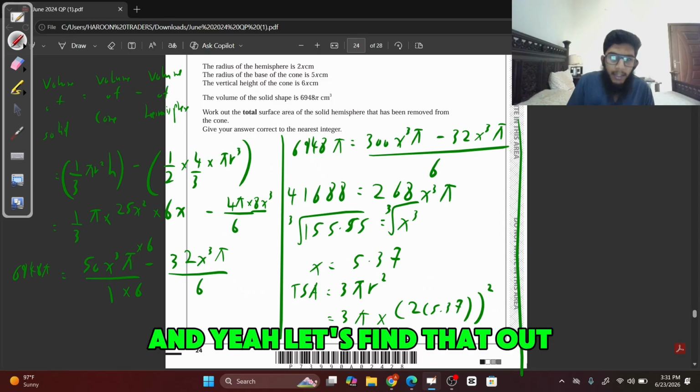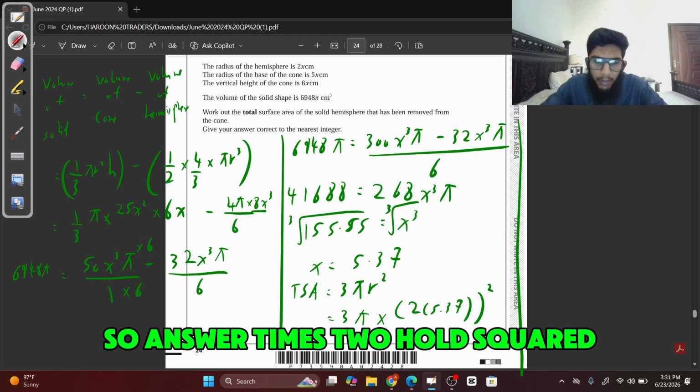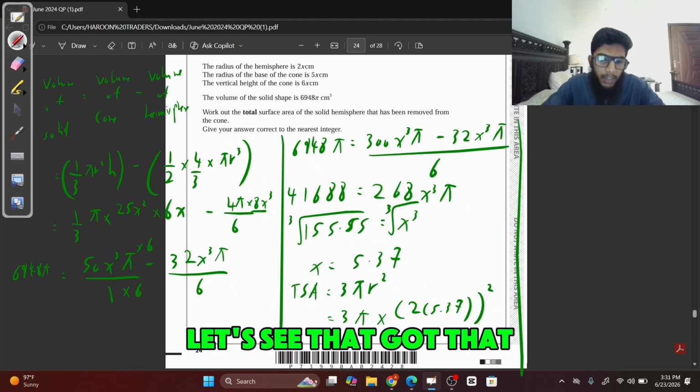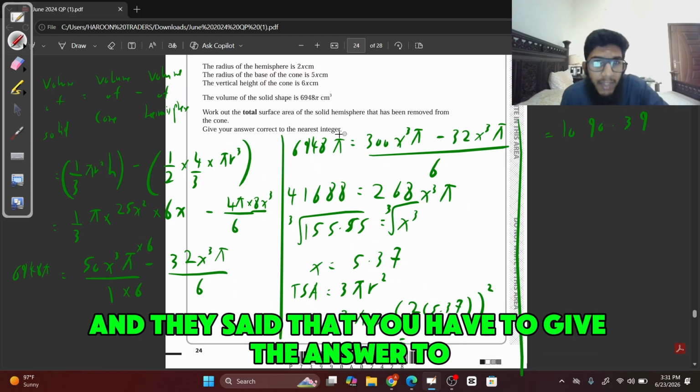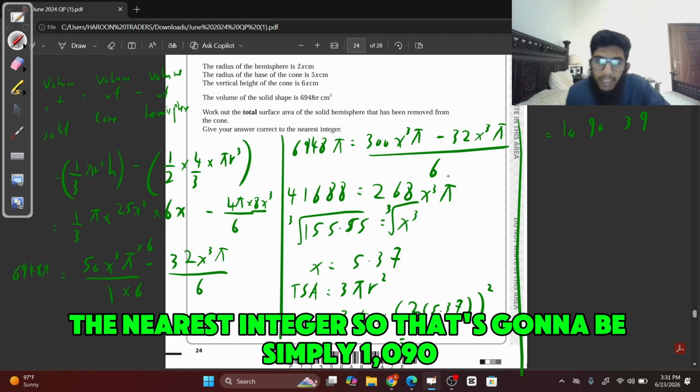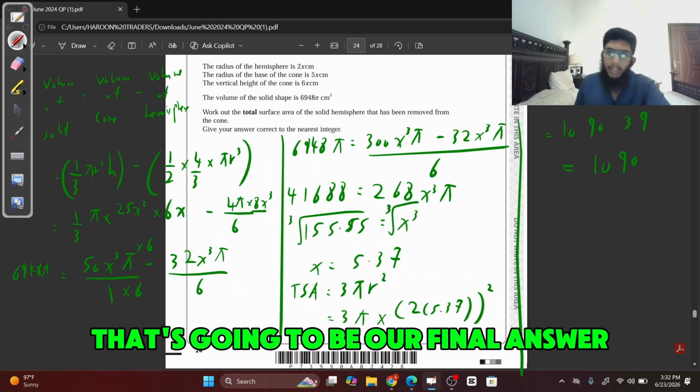Let's find that out. So answer times 2, whole squared. Got that. And then times 3 pi. The end answer becomes 1090.39. And they said that you have to give the answer to the nearest integer. So that's going to be simply 1090. That's going to be our final answer.